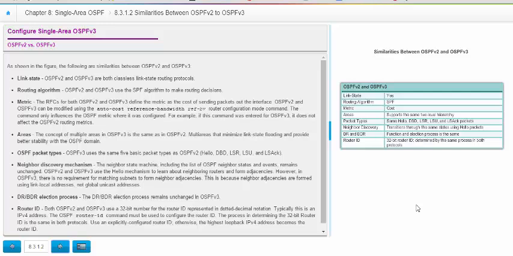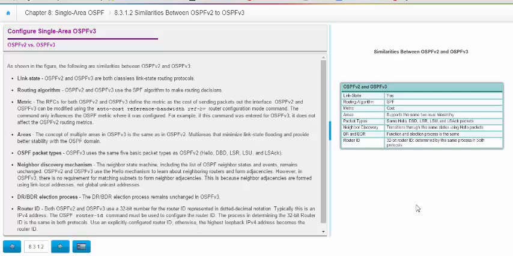You have your hello, DBD, LSR, LSU, and LS acknowledgements. You have your neighbor discovery mechanisms. The neighbor state machine, including the list of OSPF neighbor states and events, remains unchanged.